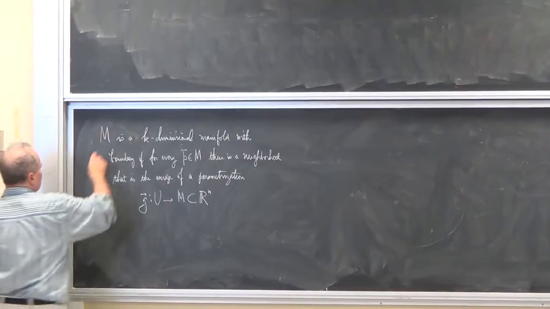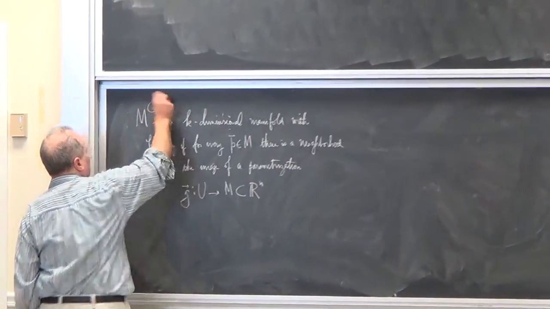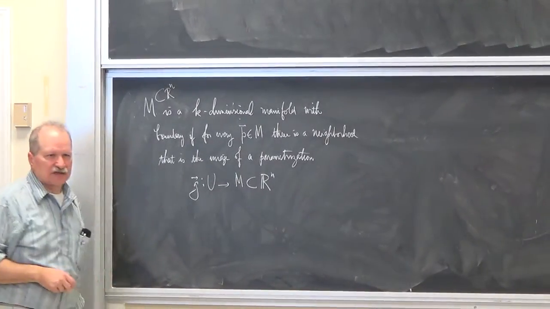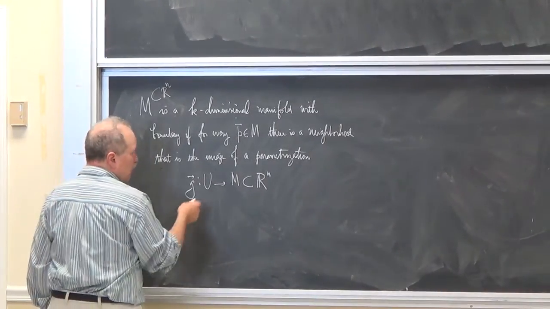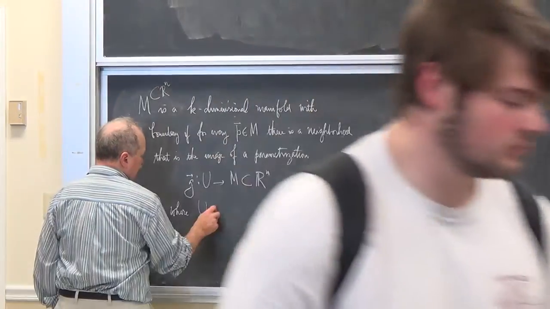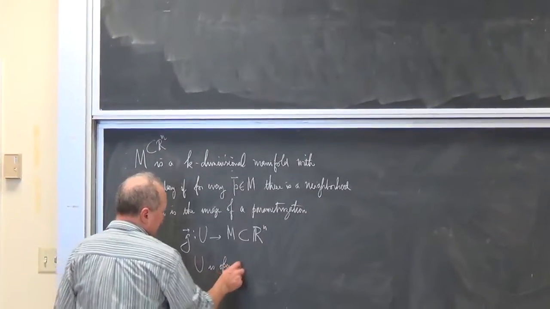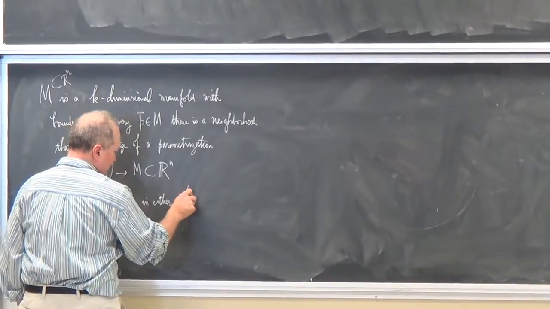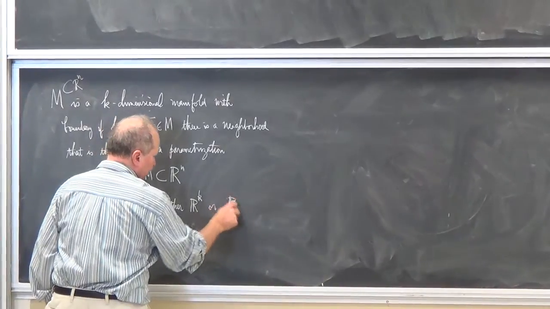So my M is sitting inside some Euclidean space. I forgot to say that yesterday. I don't think we did this yesterday. Yes, we did. Where U is open in either R^k or R^k_+.